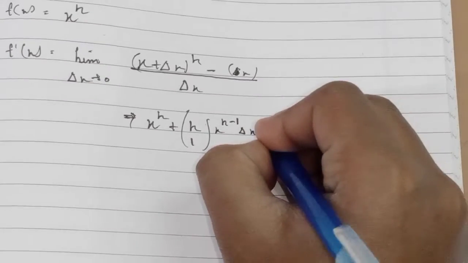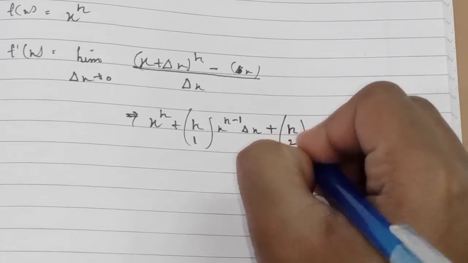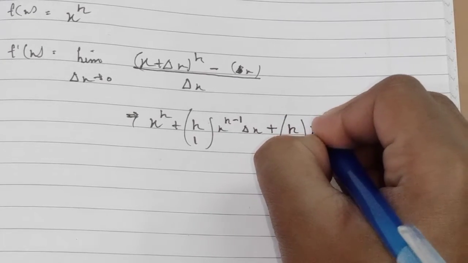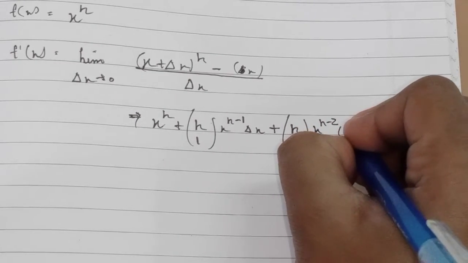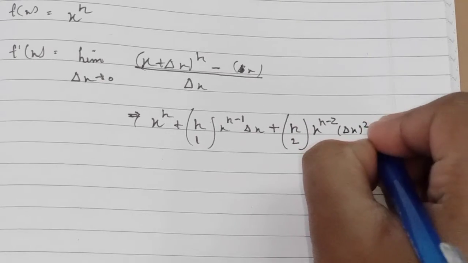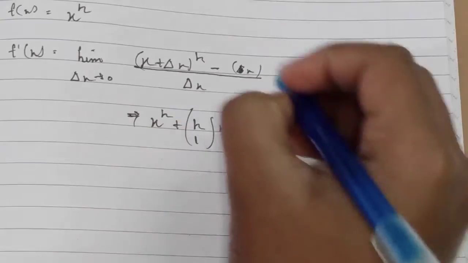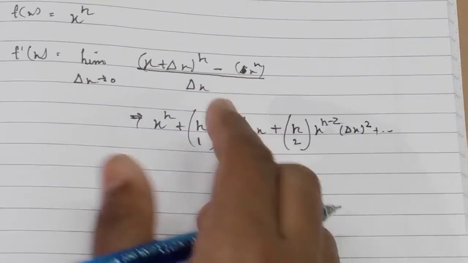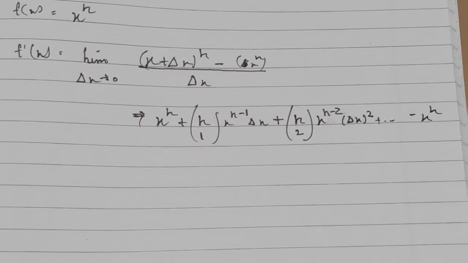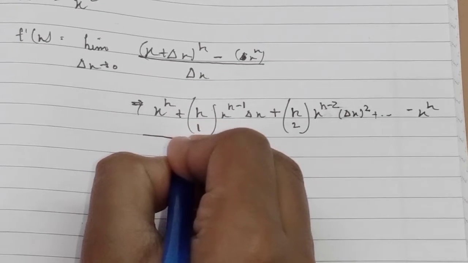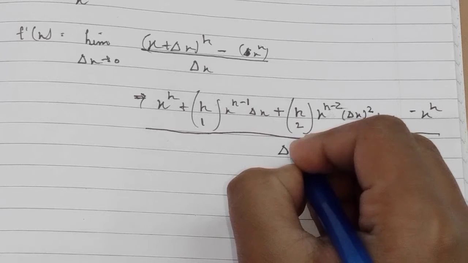Then plus n choose 2 x to the power of n minus 2 times delta x squared, plus so on. Now we still have minus x to the n because it's f of x, so minus x to the n at the last. Now this is all upon delta x.